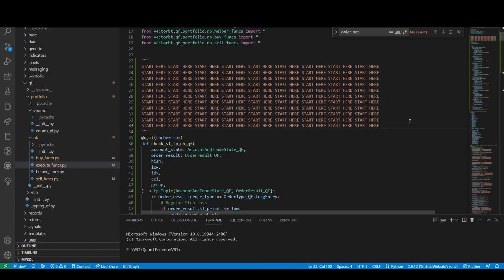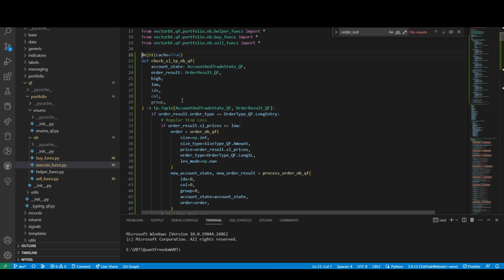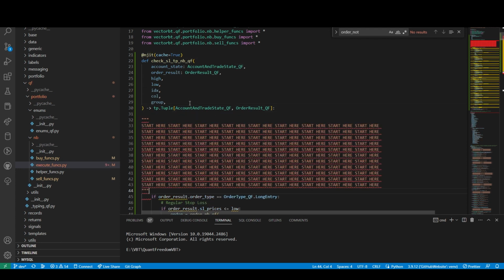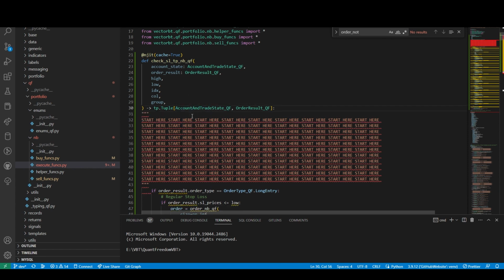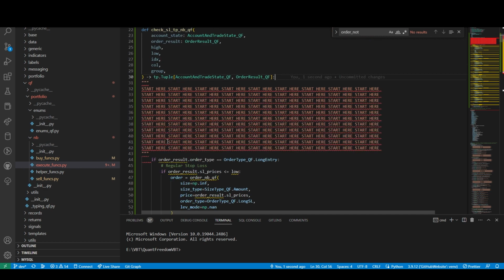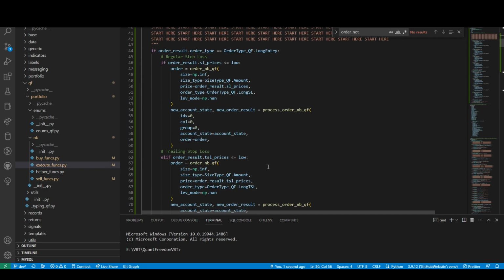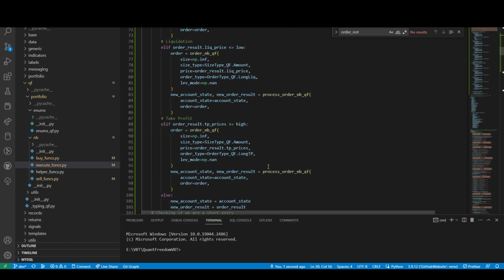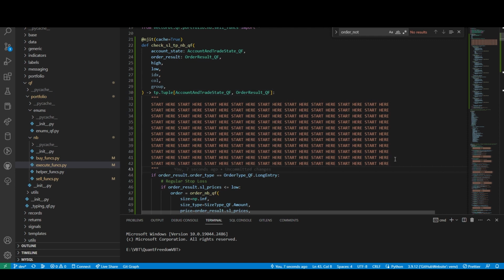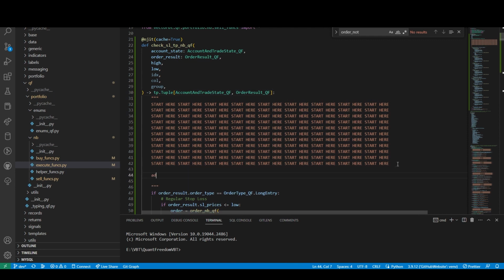Oh, that's why. Start here. Add order records and all the stuff needed for process order. I feel like a part of me should not have to send all this, but I do have to send all this because we're gonna process. Yeah, we're gonna have to process all this stuff. Yep.